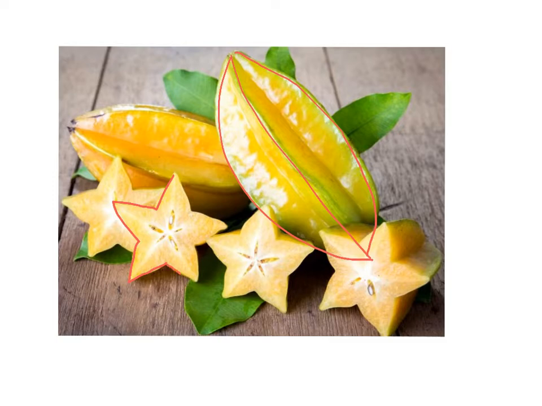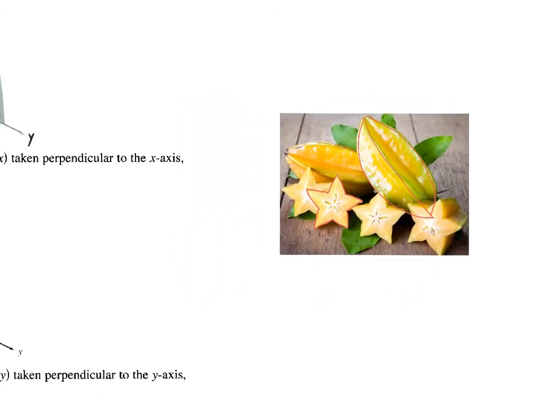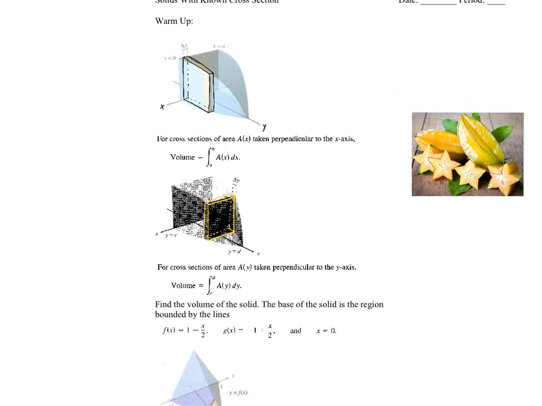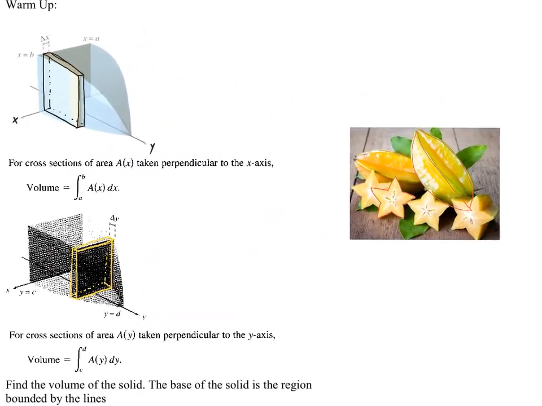And it's consistent, but you'll notice depending on where you cut the fruit, that star would be smaller or larger. And that's what we're going to have here. Now, we're not going to do star-shaped cross sections, all right? But I thought that was a good real-life example to show us something that at least some of you are familiar with, that would help us understand what exactly we're finding the volumes of. Who knew math could be so sweet?